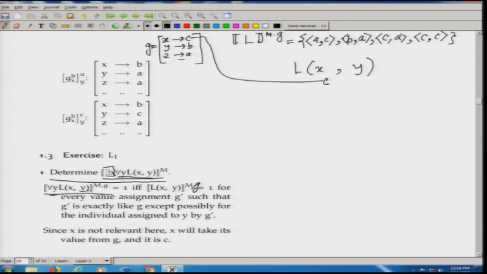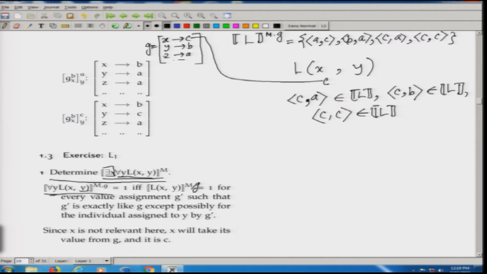That means Y is varying. That means we need to find that all the pairs, C A, all value assignments, must belong to L. Similarly, C B, C is fixed but B is varying, must belong to L, and also C C must belong to L. If this has to be 1, then this must be the case.